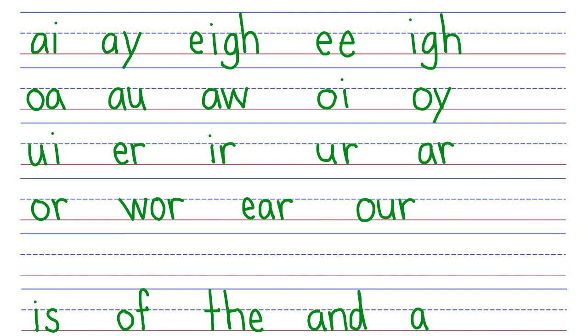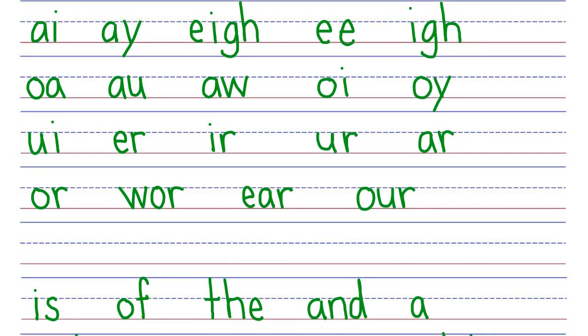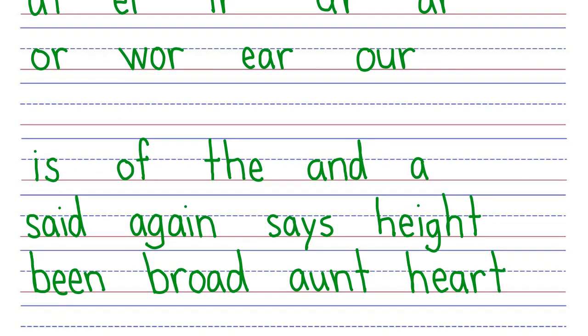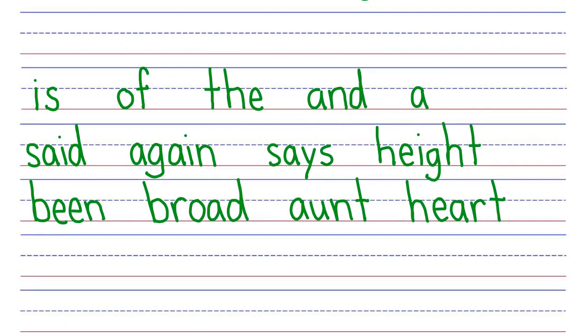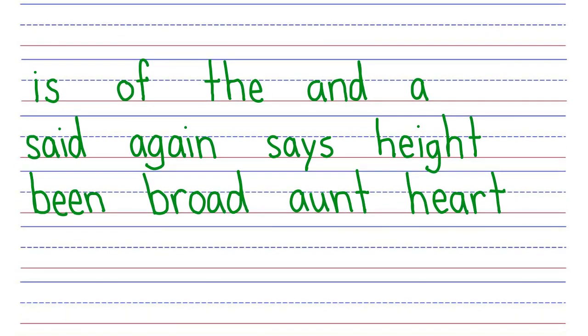And then, of course, you can do the same thing with the sight words that we've learned in this section of Story Hour Academy. Here they all are. Let's read them together. Is, of, the, and, a, said, again, says, height, been, broad, ant, heart.